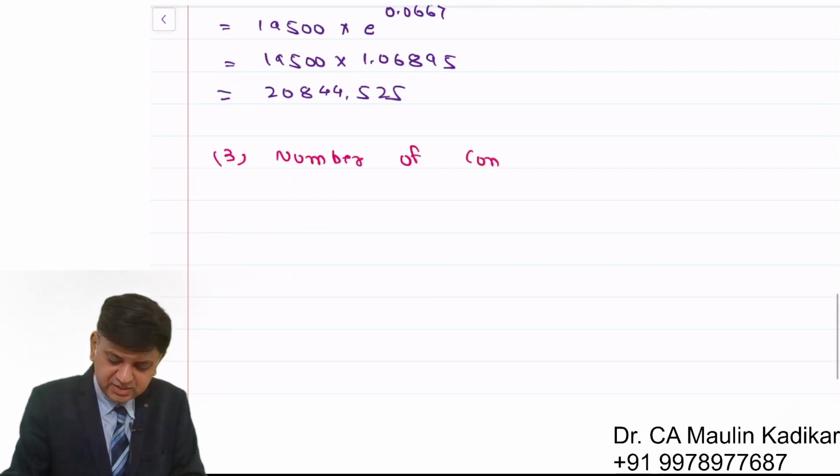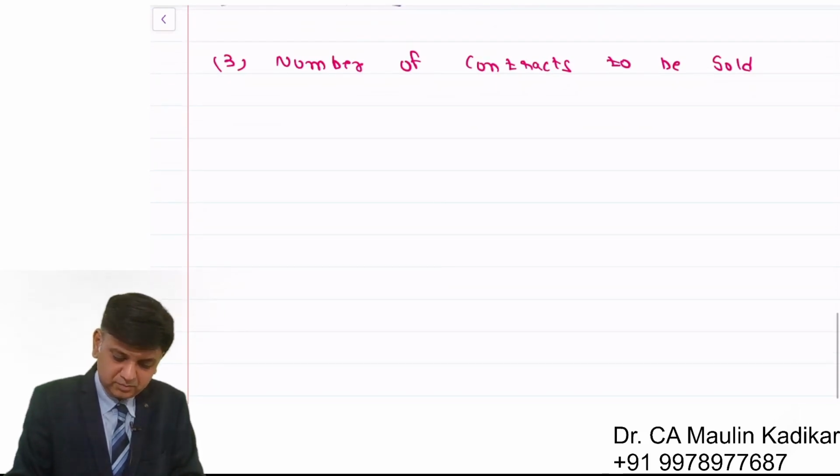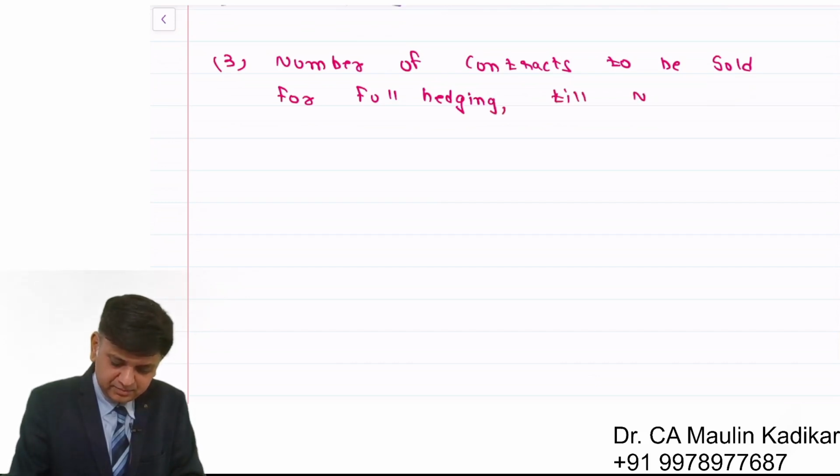Number of contracts to be sold. In that, further I am writing for full hedging, comma, till November.